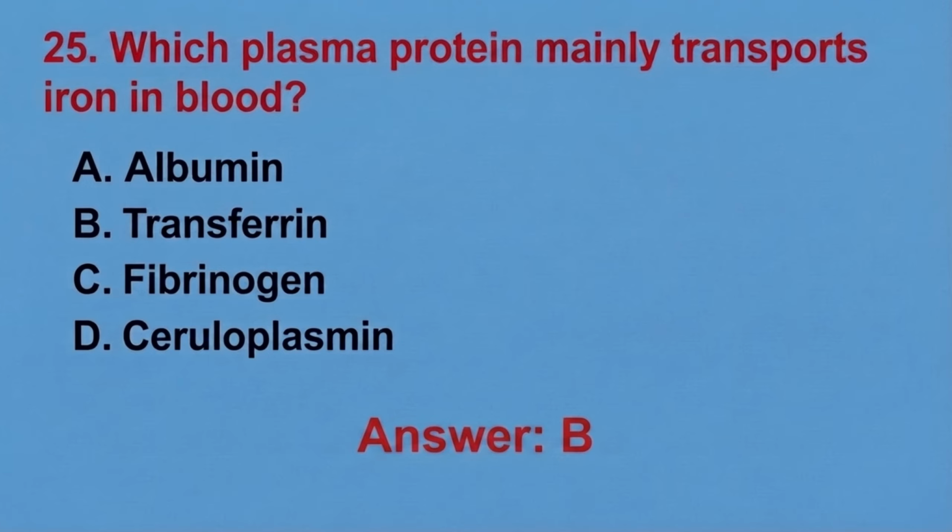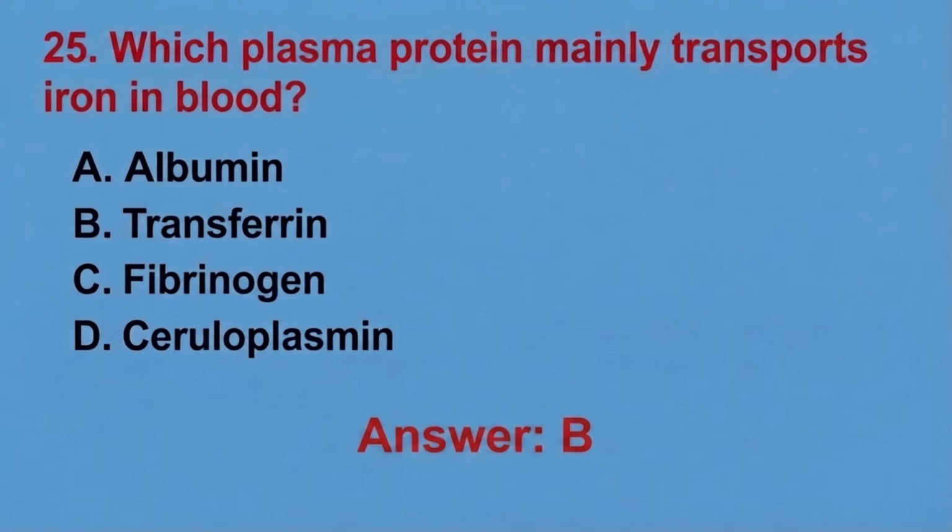Then option D, ceruloplasmin. Ceruloplasmin mainly transports copper and helps oxidize iron to the ferric form so it can bind to transferrin, but it is not the primary iron transport protein.